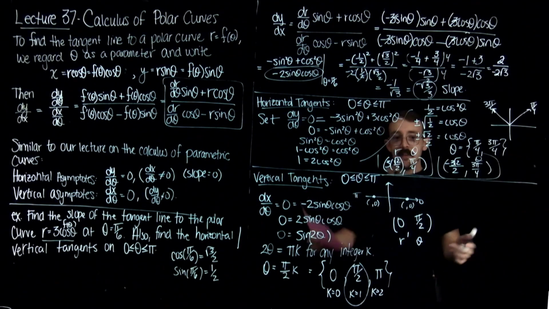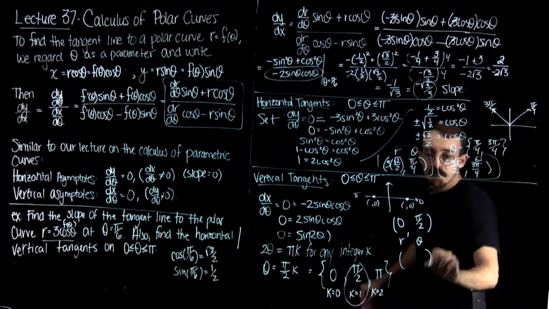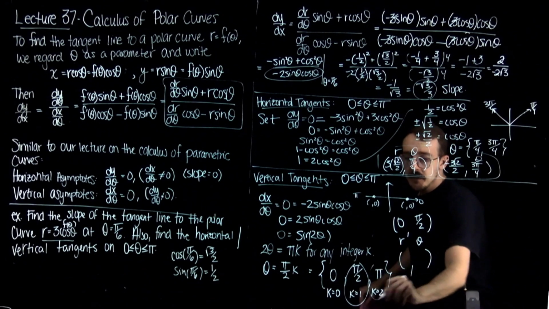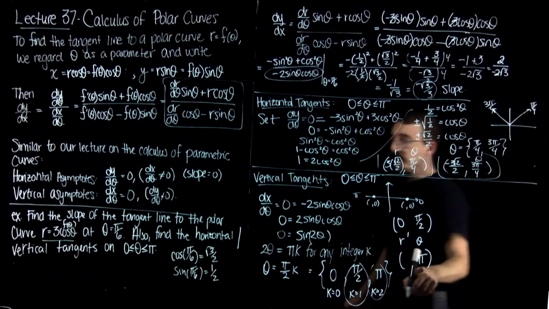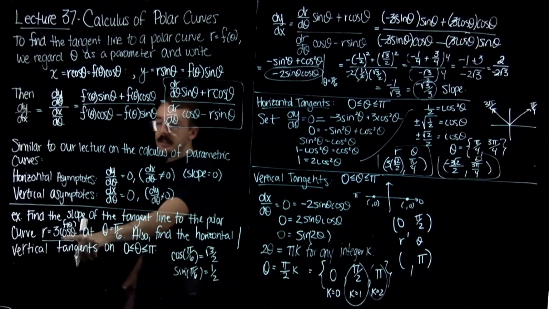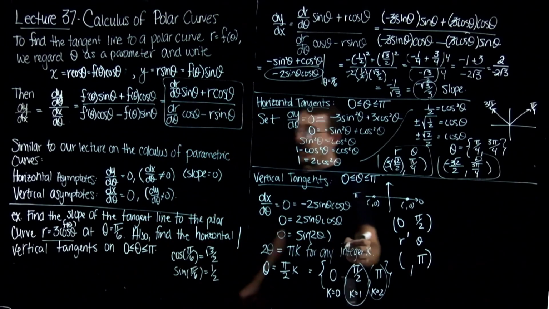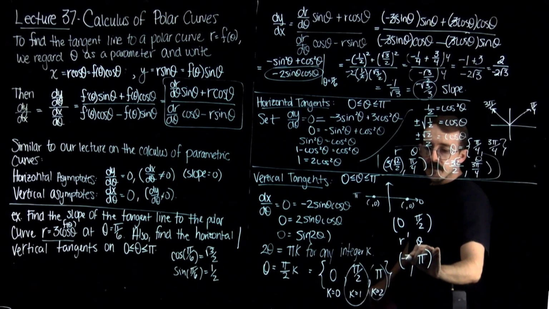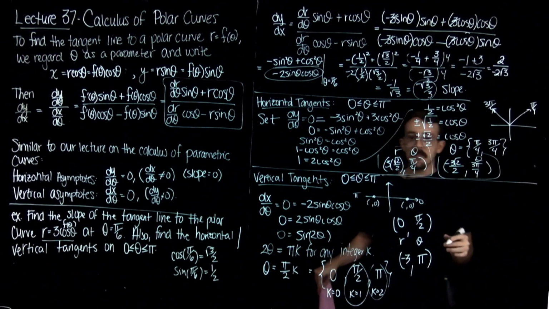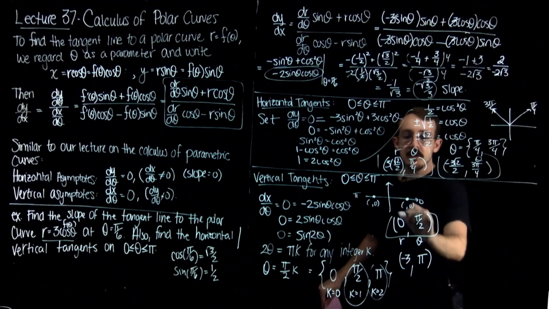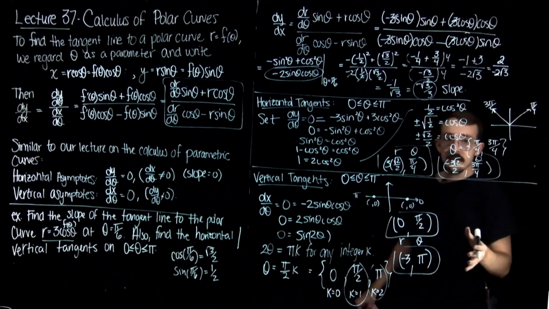So we're just going to get 0 at that spot. I'm going to do one more. If theta is pi, cosine of pi is -1. So that point would be -3, pi. OK, so these are two spots where there's a vertical tangent line.